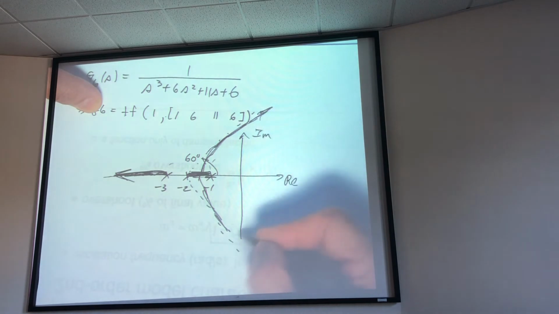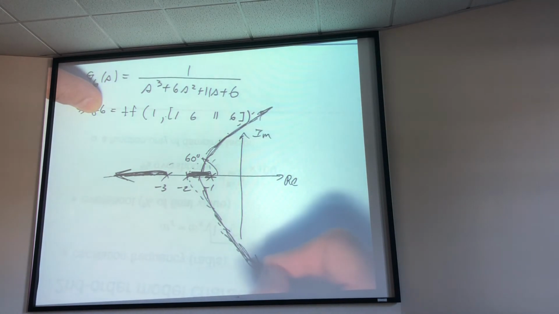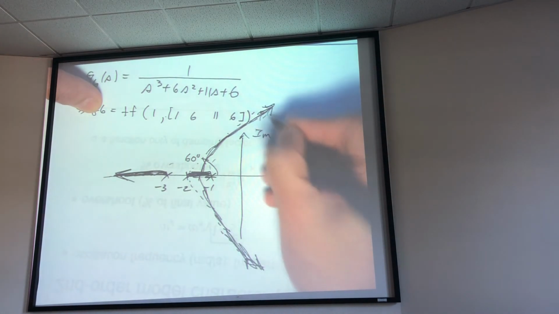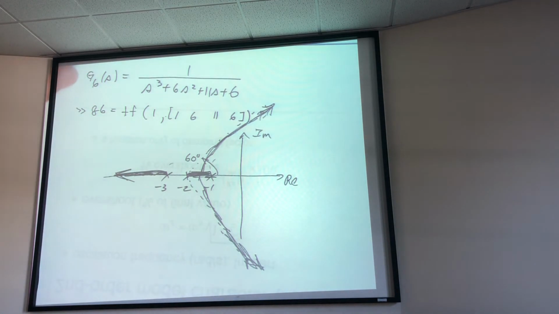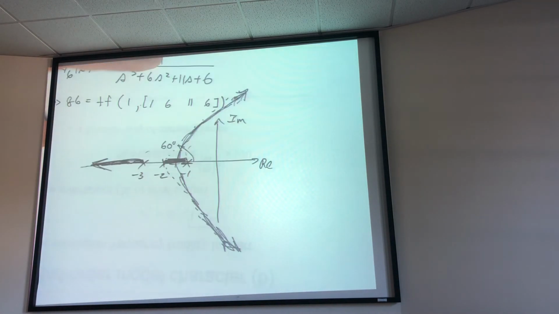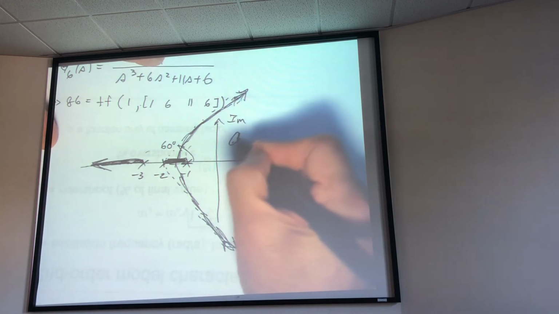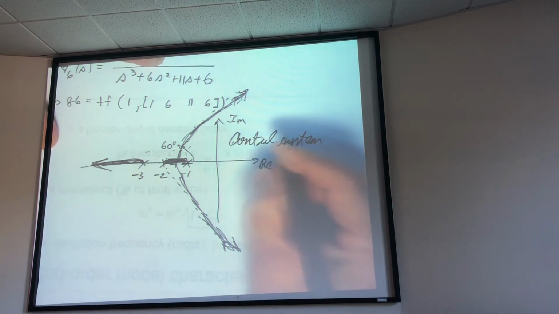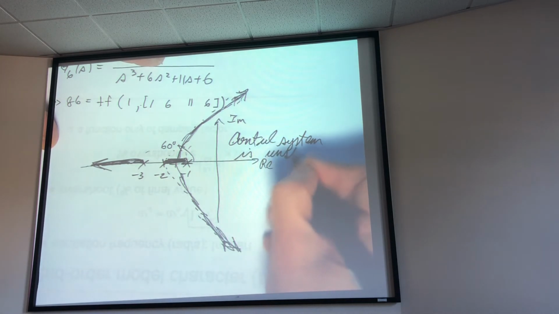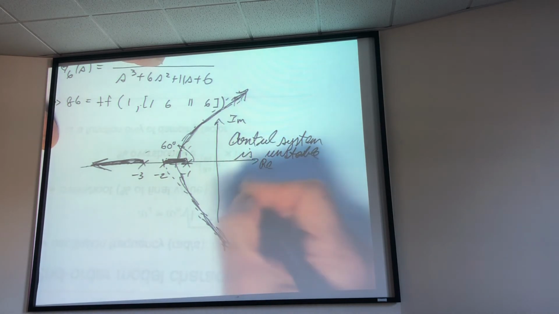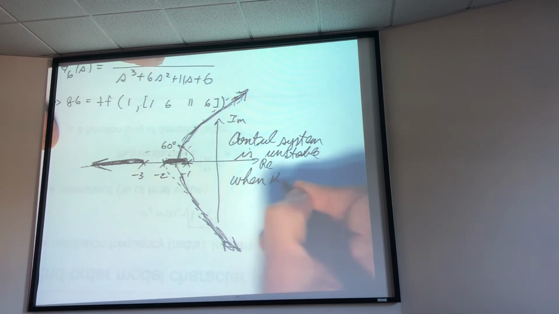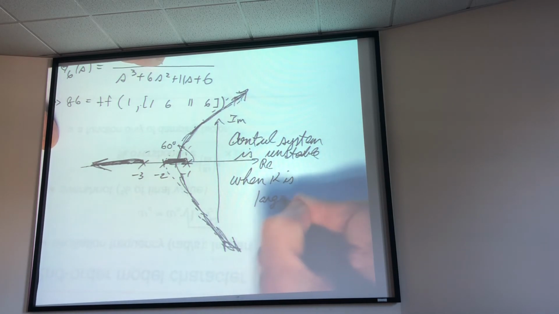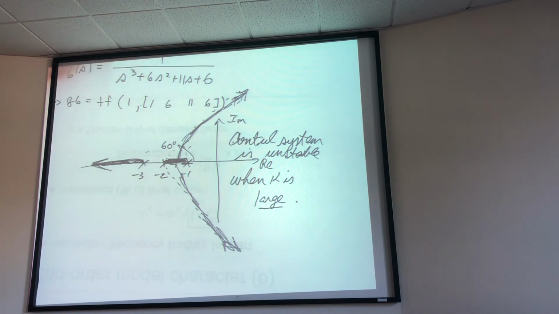And as the K gets large, this control system becomes unstable. Control system's unstable when K is large.